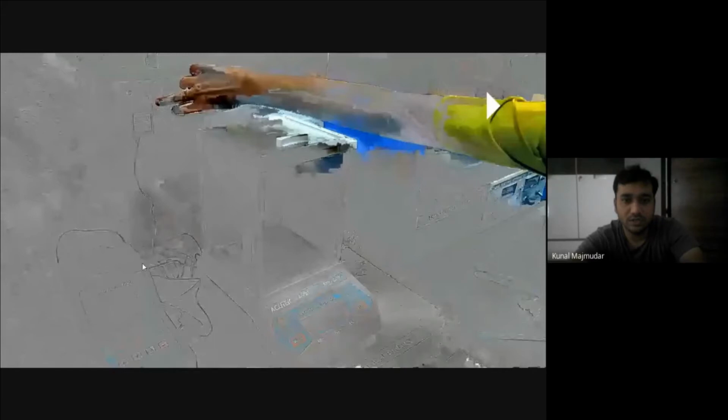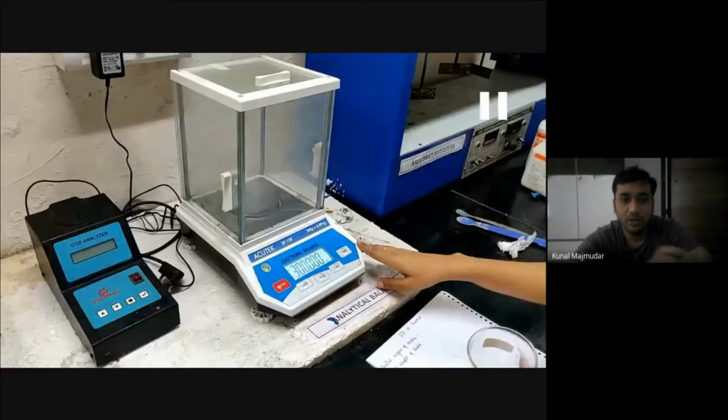So what is the step? What we are going to do? We are going to take a beaker. We have to take the initial weight of the beaker. So here we are using a digital weighing balance for measuring the weight of our beaker.